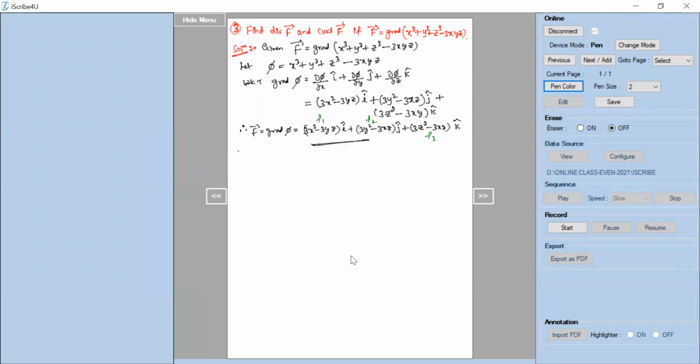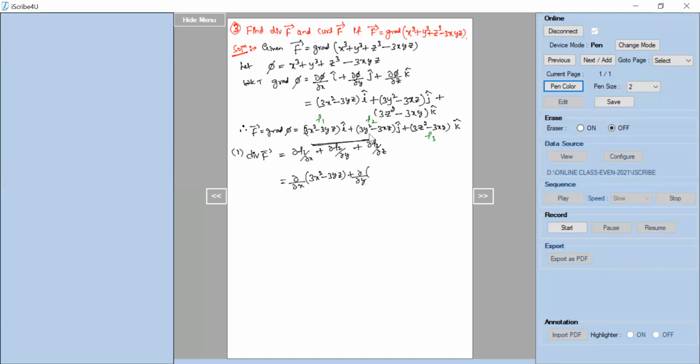So let us calculate the first one, the div f. So div f, you know the formula of div f. It is ∂f1/∂x plus ∂f2/∂y plus ∂f3/∂z. Now I'll write again like this, ∂/∂x of f1. So f1 is 3x square minus 3yz, plus ∂/∂y of f2.